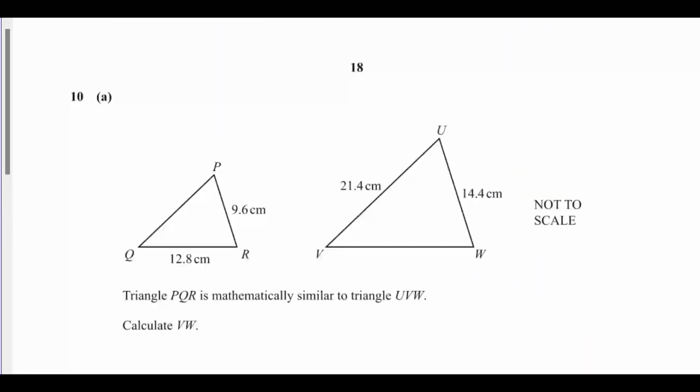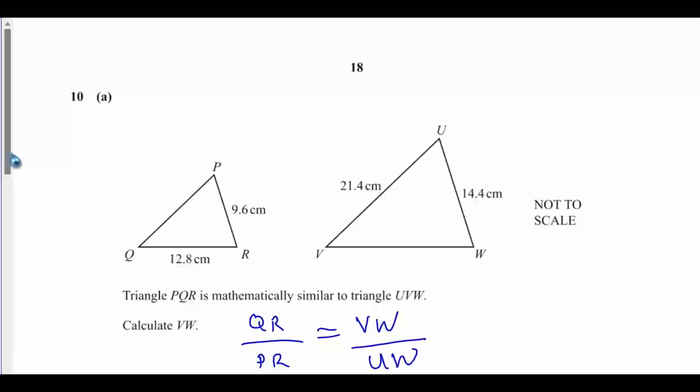That will be question 10, which is the last one. We have these two triangles. Triangle PQR is mathematically similar to triangle UVW. Calculate VW. Let's take the ratio of corresponding sides. We can have QR over PR, and let's do the same thing in this angle, VW over UW.